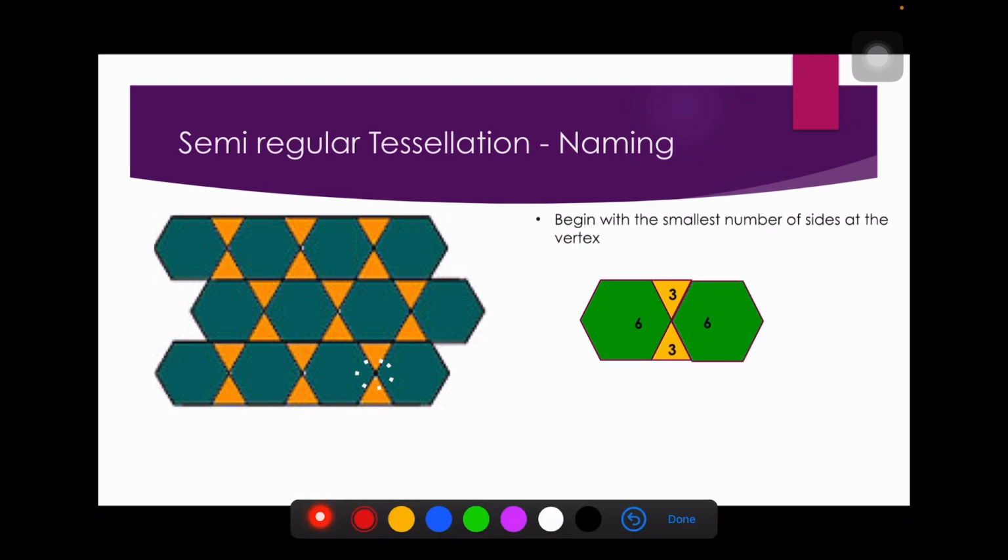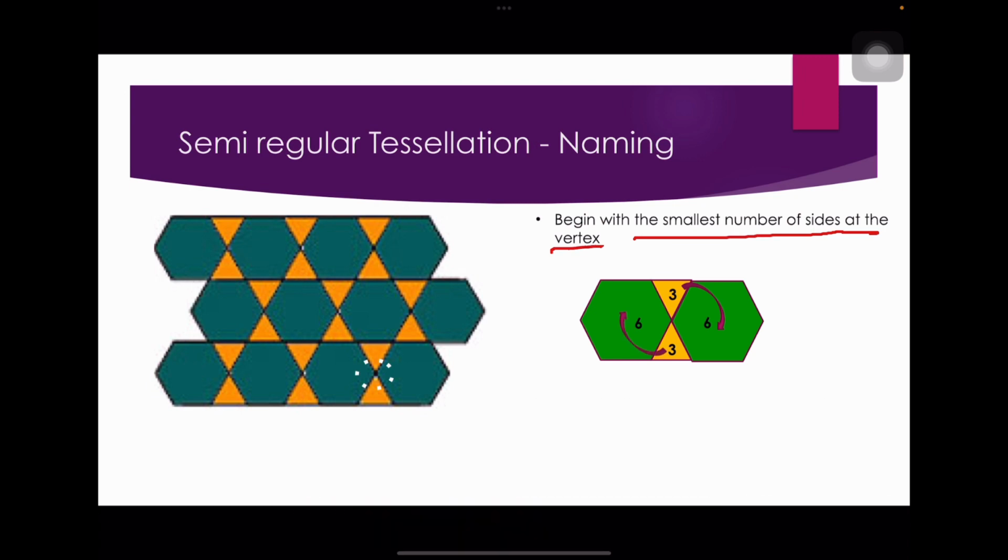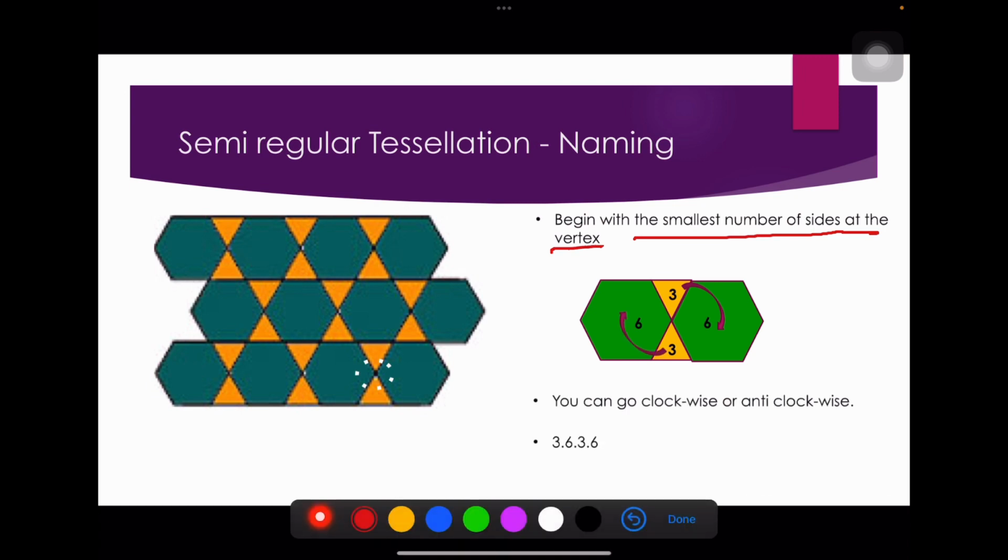Here you can see that we begin with the smallest number of sides at the vertex. We have to determine where the vertex is. You can go clockwise or anti-clockwise. Either way, you start from the smallest number.